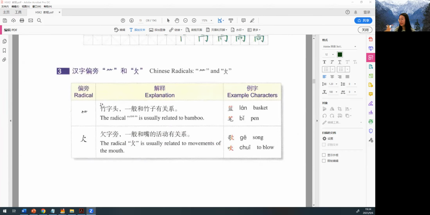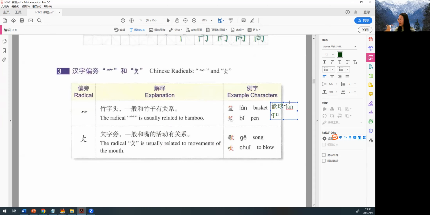Radical here, with this bamboo radical. It's usually related to bamboo. For example, 篮, basket. So basketball here will be 篮球. We learned that last class, right? Play basketball, 打篮球. Here is 篮球. It means basketball.